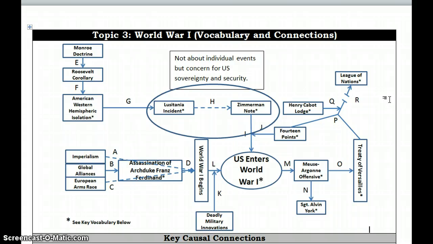What's not shown on this map is the Russian Revolution and the rise of communism, though we're going to talk about that in the Roaring Twenties, and the anti-war movement that's occurring in the United States during World War I. So just keep that in mind. We don't have anything on the map that really talks about how the war occurs on the home front.